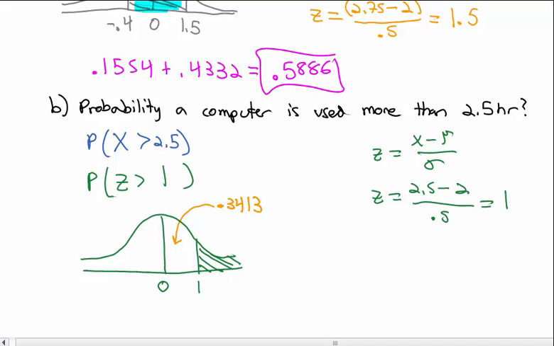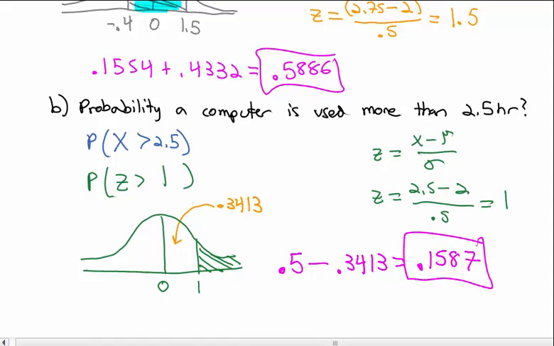But we don't want that area, we want the area to the right of it, because we want to be greater than 1. Well, the entire half is 0.5, so we'll subtract out the white space of 0.3413. 0.5 minus 0.3413 is 0.1587. So there's almost a 16% probability that a random computer is used more than 2.5 hours.